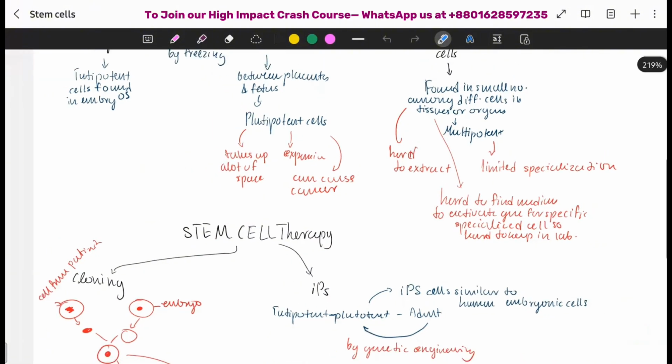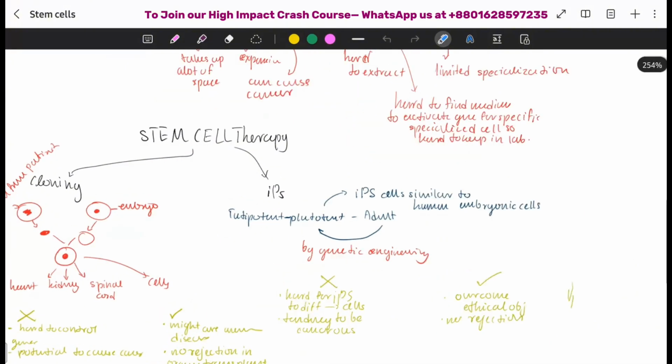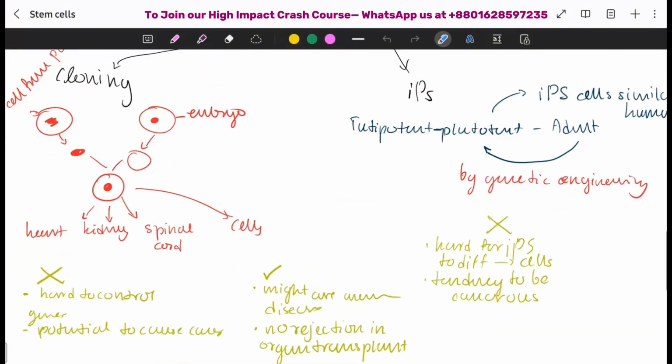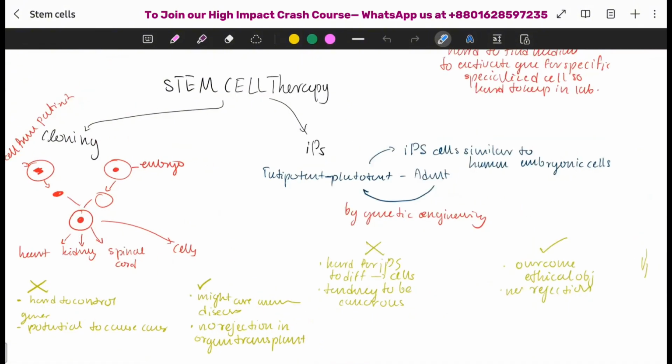Okay, stem cell therapy. We know there's cloning, there's iPS. For cloning, it's just copying or cloning the cell that we know. So it can be cloned into kidney cells, spinal cord, embryo, and so on. And for iPS, it basically goes from totipotent to pluripotent to adult stem cells, okay?